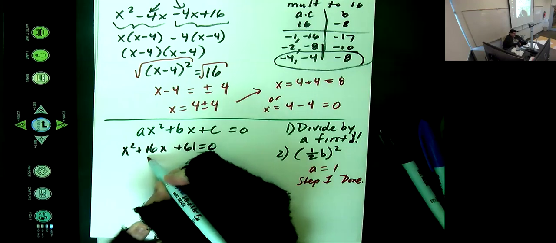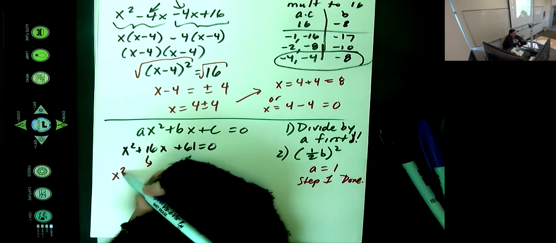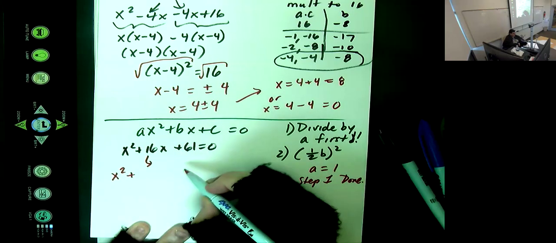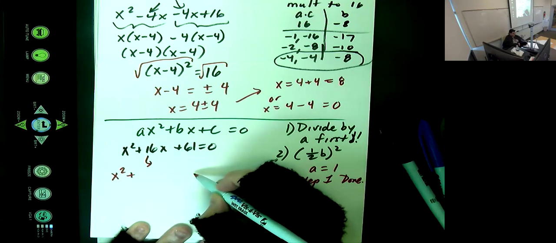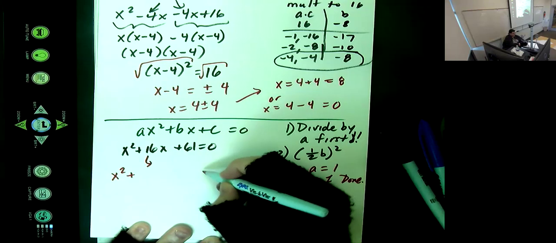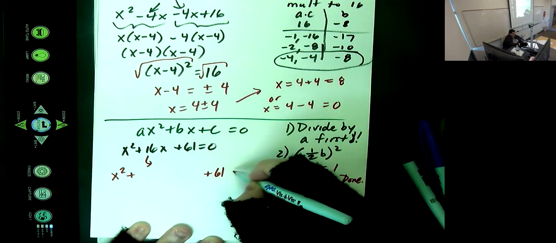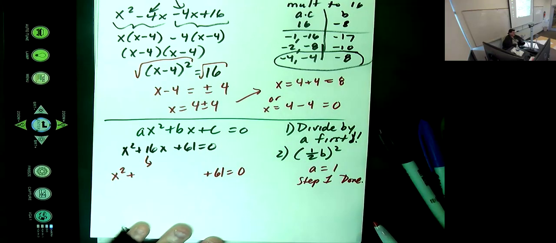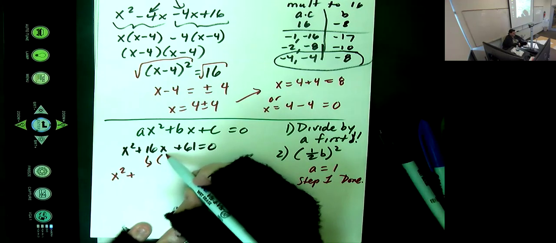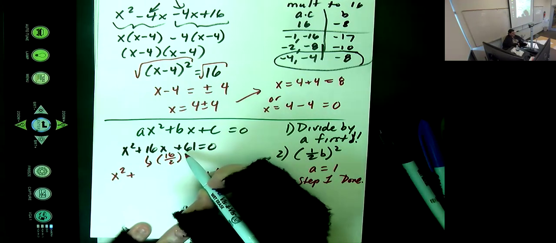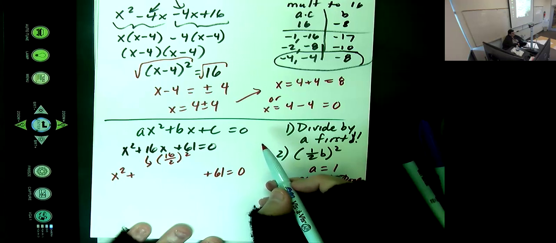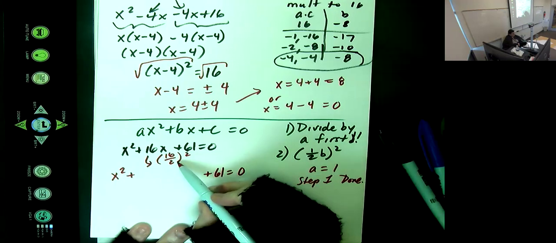So what we're gonna do is I'm gonna create a little space. And I'll put my plus 61 here equals 0. I'm gonna take the 16 and I'm gonna divide it by 2 and I'm gonna square it. 16 divided by 2 is 8.